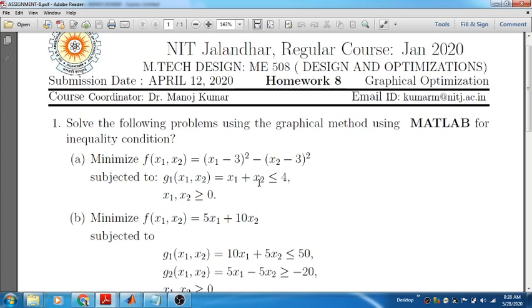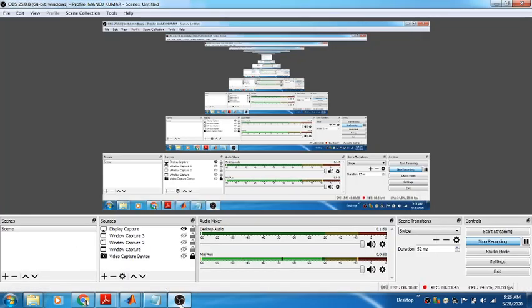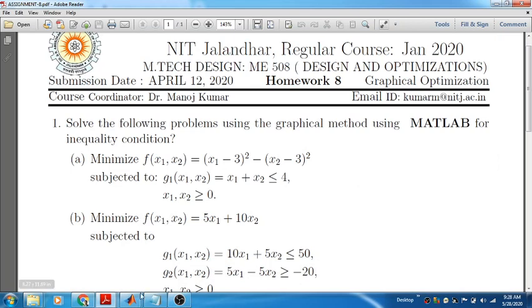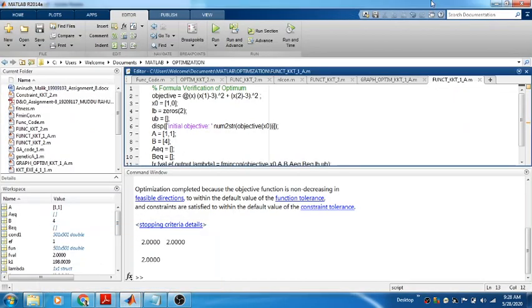You can also set constraints between 0 to 10 or 0 to 20. It's up to you. It will be nice to understand things this way. So let's do the MATLAB coding.